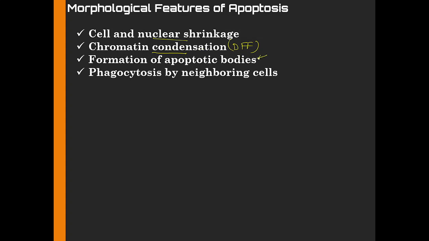It leads to the formation of apoptotic bodies, which are then phagocytosed by the neighboring cells. So it is a regulated process, and the contents present in these apoptotic bodies, DNA fragments or cellular components, can be taken up by the neighboring cells as nutrients, or phagocytosed.